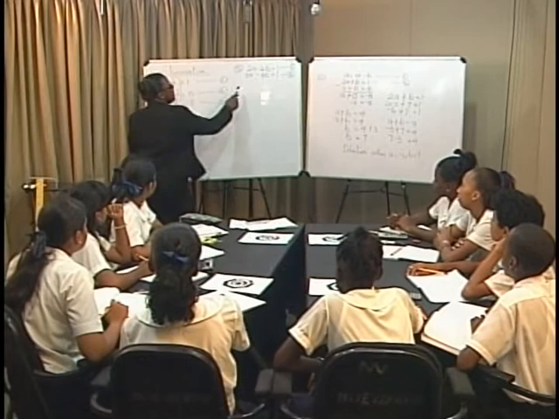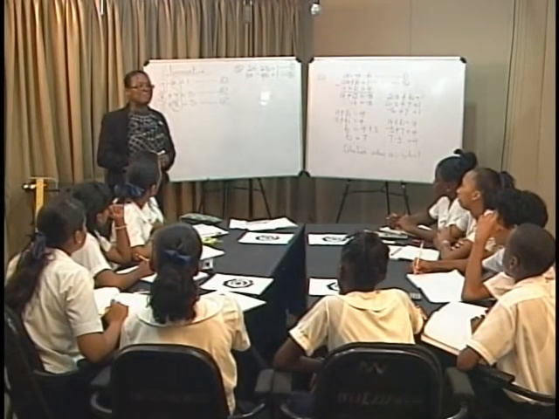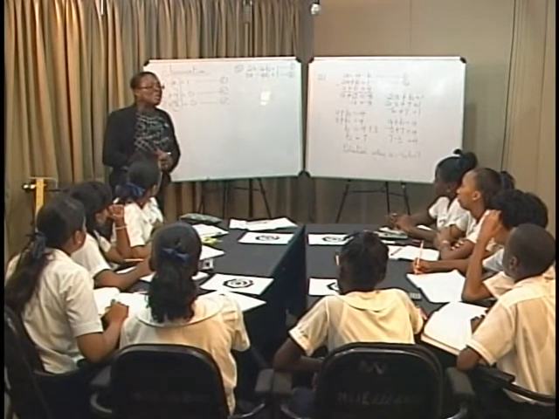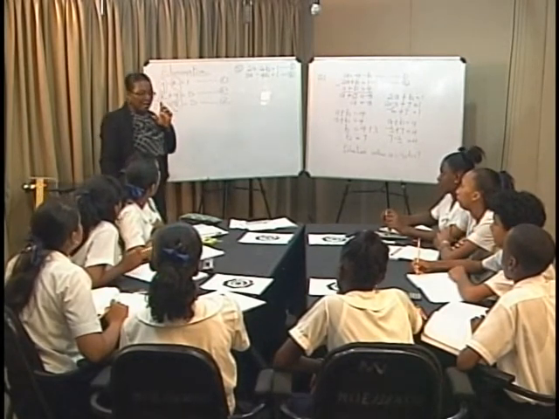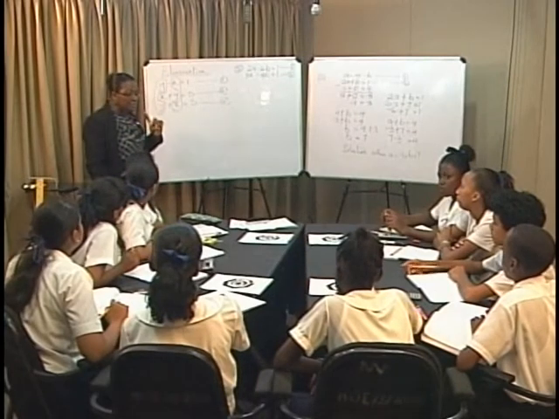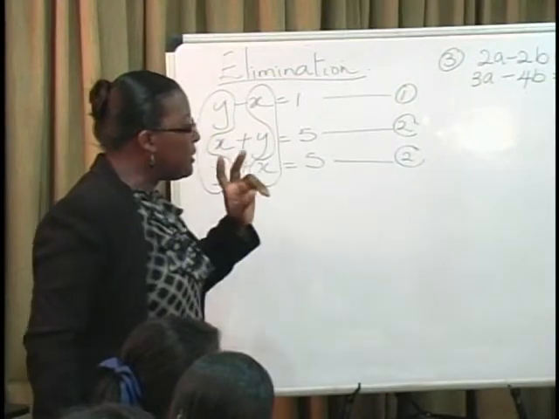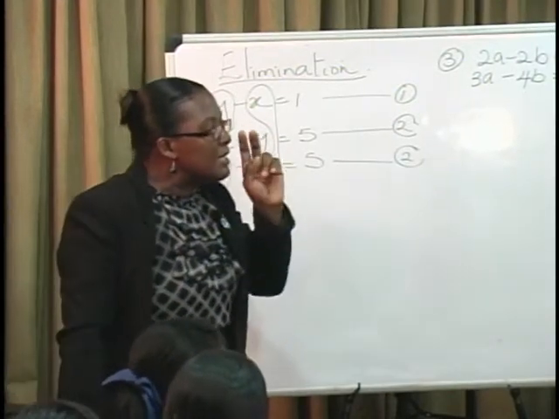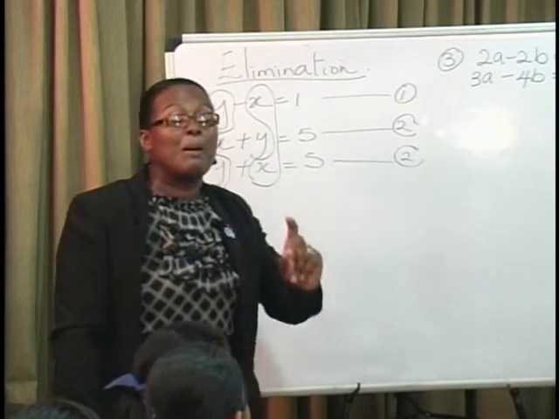We have no pair that has the same coefficient. So if no pair has the same coefficient, and if you were observing keenly, in order to eliminate a pair, you have to get the same coefficient. That was a must.